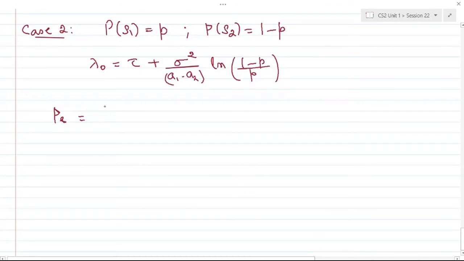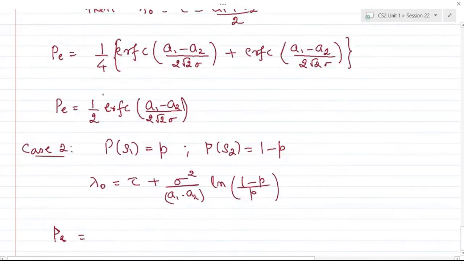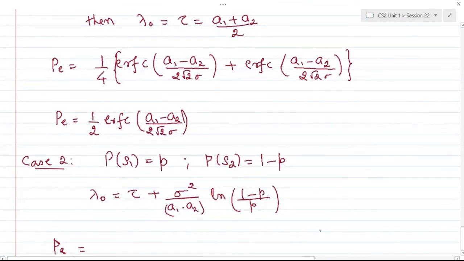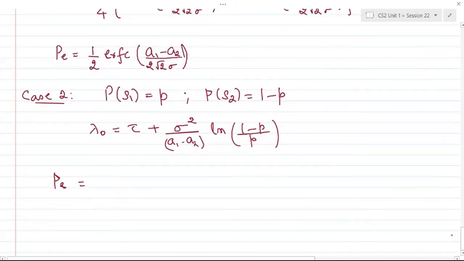So P_E would be now applying this lambda naught to the generalized expression of probability of error. This would be half times P of S1 is P, P of S2 is 1 minus P, and lambda naught is what we have written just now, and the rest of the expression remains the same.